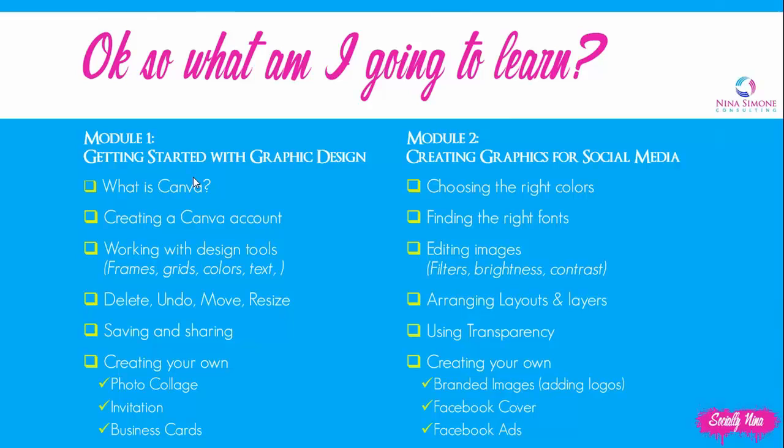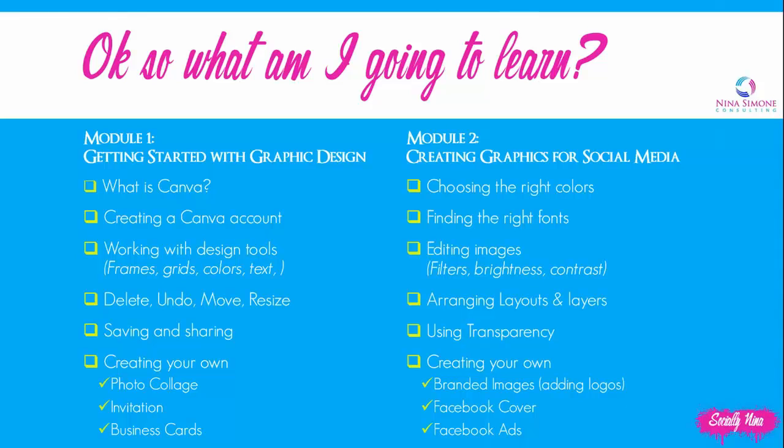At the end of this course, you will be able to create your own photo collage, invitation to an event, and your own business card. In Module 2, we're going to go deeper into choosing the right colors, the right fonts, how to edit images and photos, the best way to arrange them, and using some little more advanced tools as far as how to make your pictures and your photos pop.